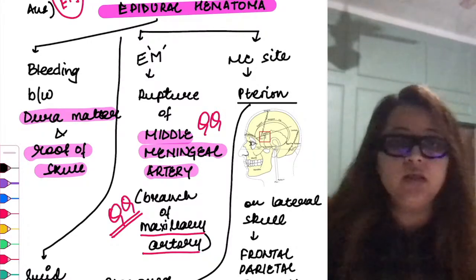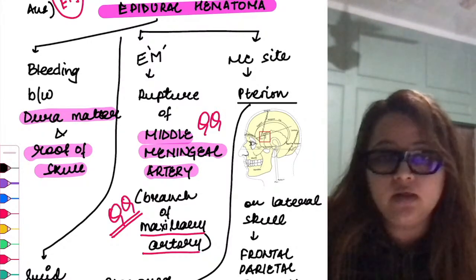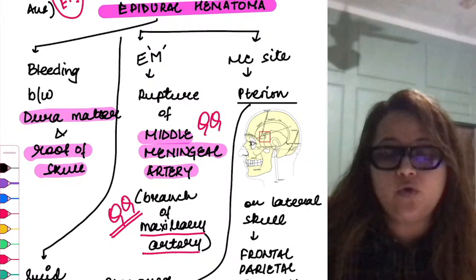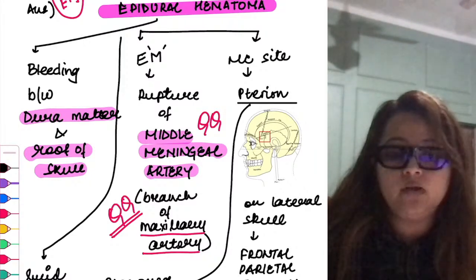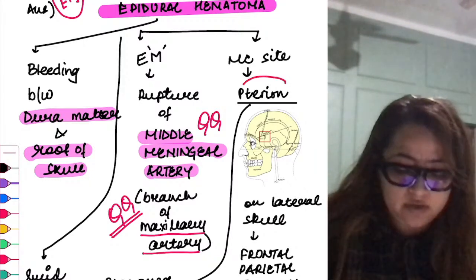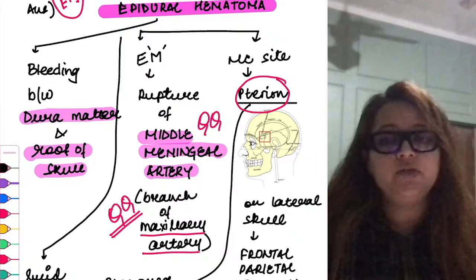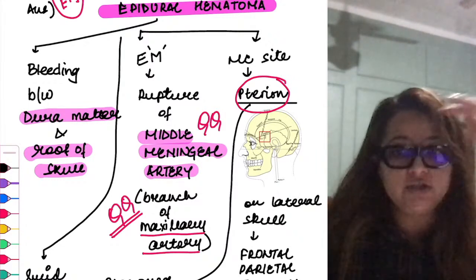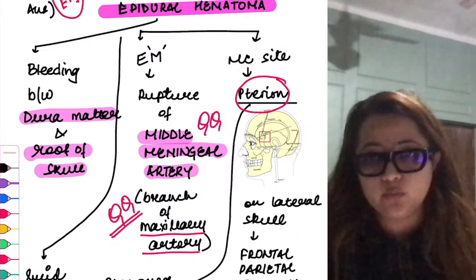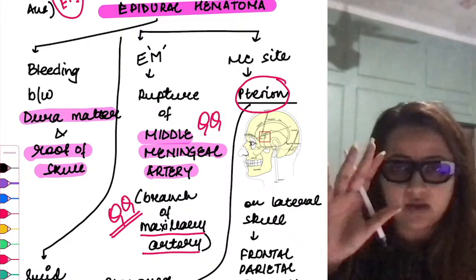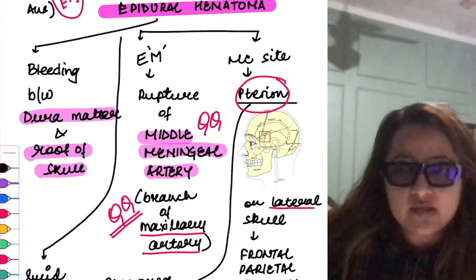Keep this in mind. Then talking about the most common site. What is the most common site of epidural hematoma? Okay, remember Pterion. So supposing there is a fracture in the skull at the Pterion region. Pterion is a region in the skull present on the lateral side.